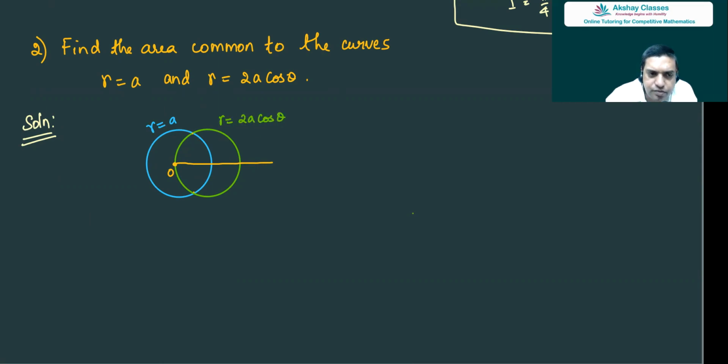So now, at this point, R and theta should be the same. So these are the points of intersection, and this is common to the curve. So let us see how we can do this.